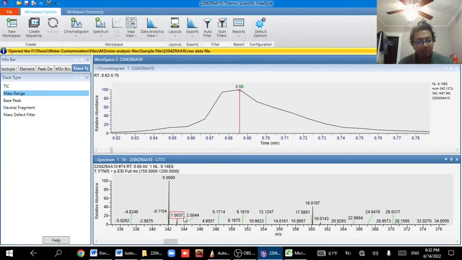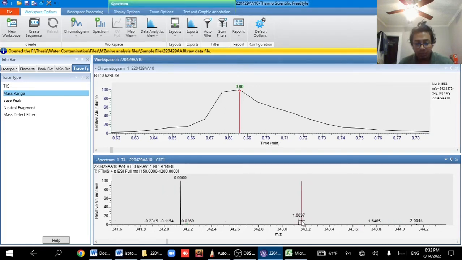So I find out that this is a carbon-13 peak, and I need to find out how many carbons there are. To do that, I need the natural abundance, or the height, of that peak.